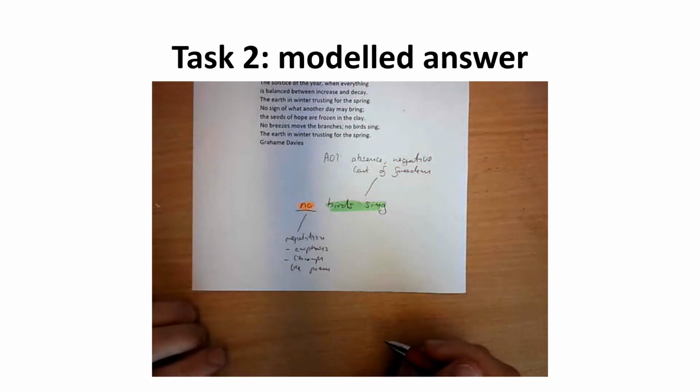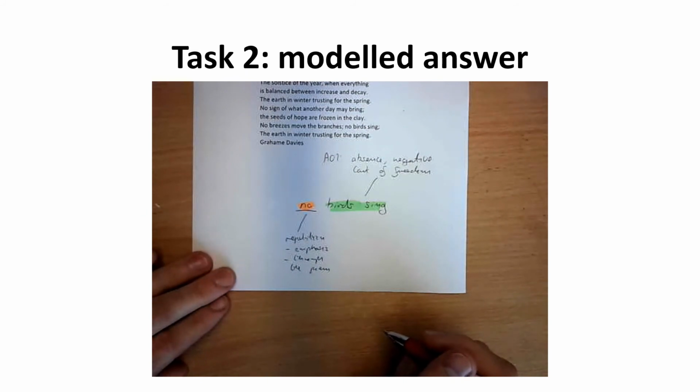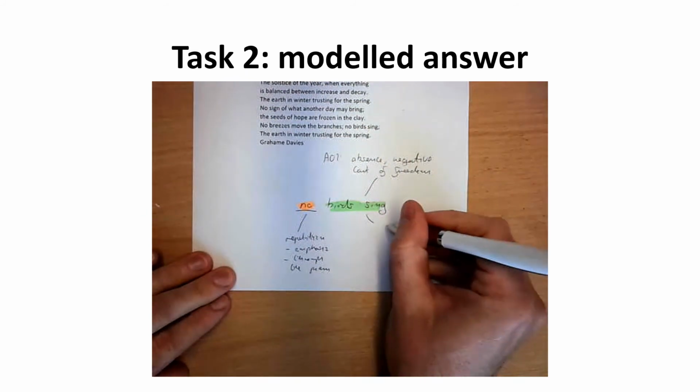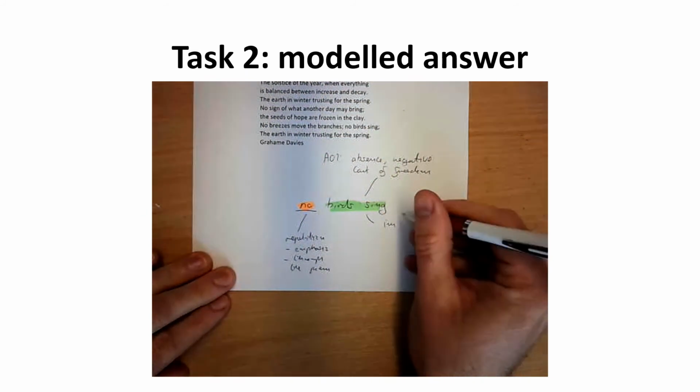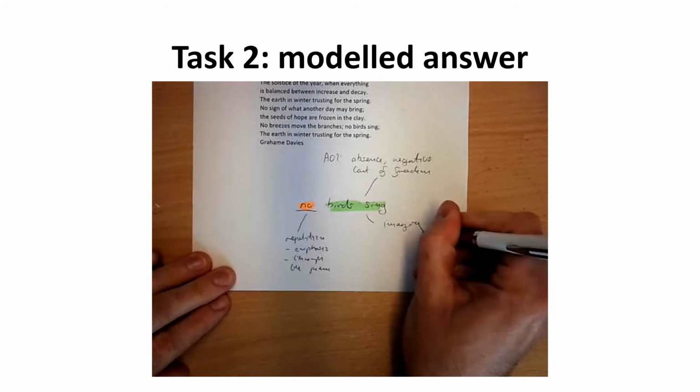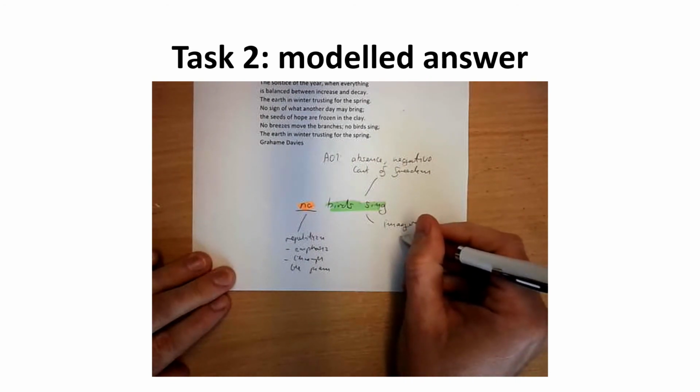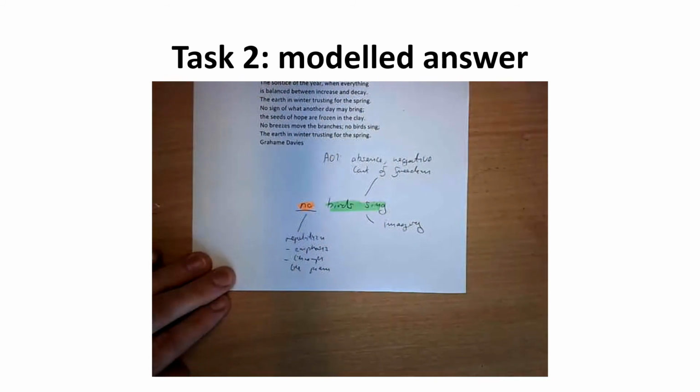In my annotations, I'm also going to note here something about birds singing and the use of imagery. So that's an AO2 technique. And I could talk about the fact that conventionally birds are associated with freedom and song is associated with joy, but in this case, they're very much not.